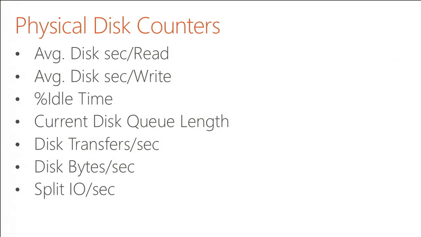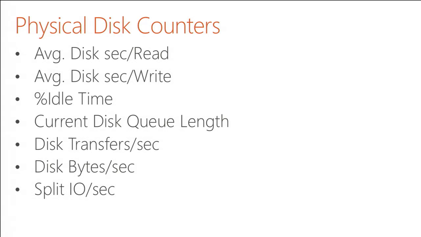So if I have high latency, but my idle time is like 60%, my disk still has time to accept I/O. Because idle time is calculated only when my disk queue is 0. Every time my disk queue drops to 0, I go to 100% idle, and then I just average that time. So that's an important measure just to see if your disk per se is idle all the time or not.